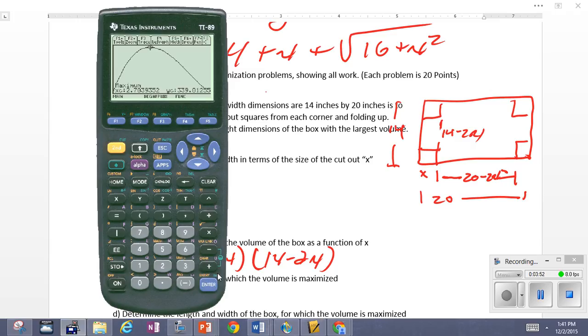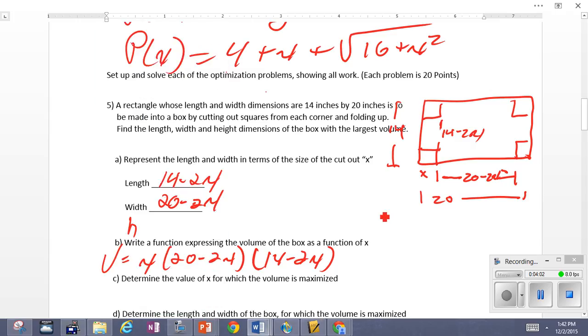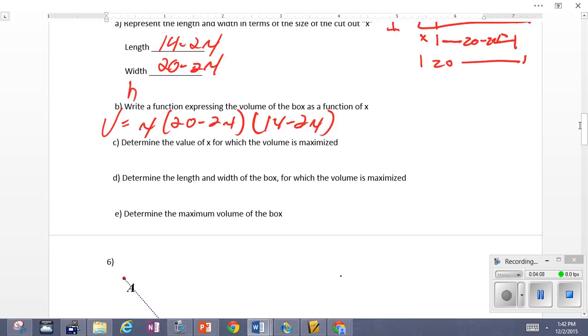2.7, that's the size of the cut. And then the y value is the maximum volume of 339. So determine the x value for maximum. We said that's x equals 2.7, and the volume is 339.